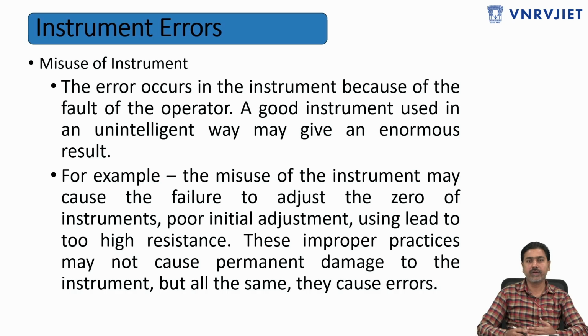To avoid this kind of errors, we need to properly calibrate it, and before starting the experiment or before taking the measurement, we need to initially adjust the instrument to the zero level, then take the measurement.